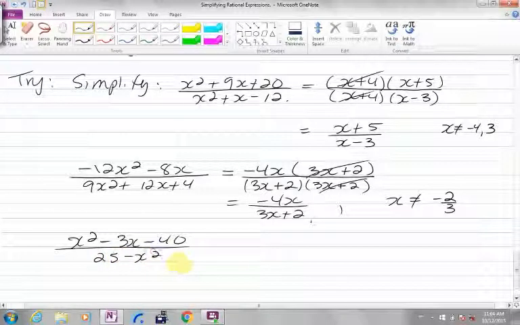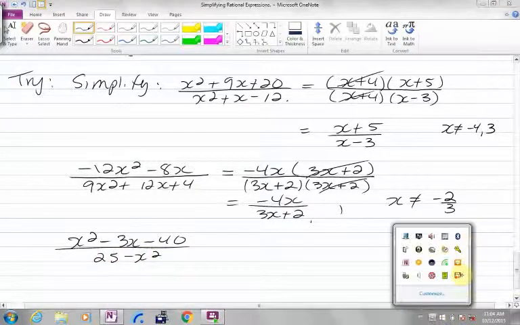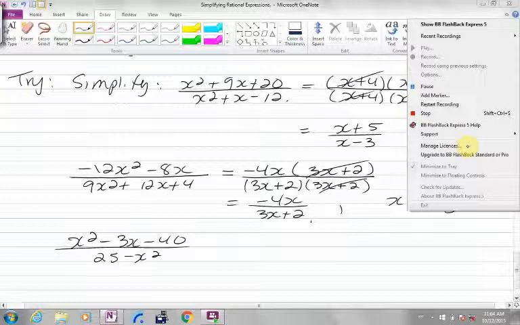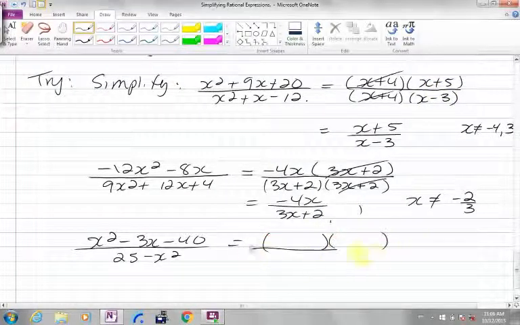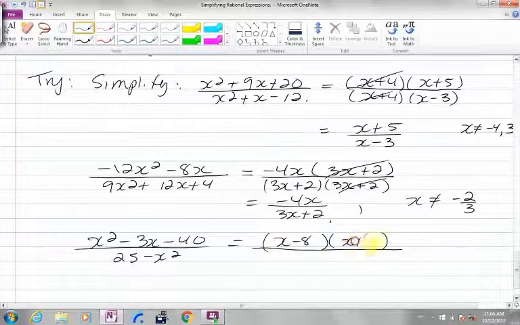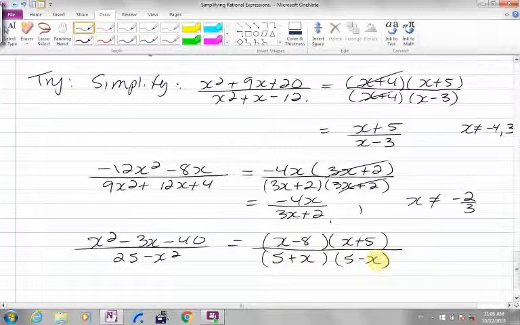All right, try that one. All right, so we factor this, and we get x minus 8, x plus 5. We factor the bottom, which is a difference of squares, and we get 5 plus x, 5 minus x. Now, very important that you write it as 5 plus x and not x plus 5.